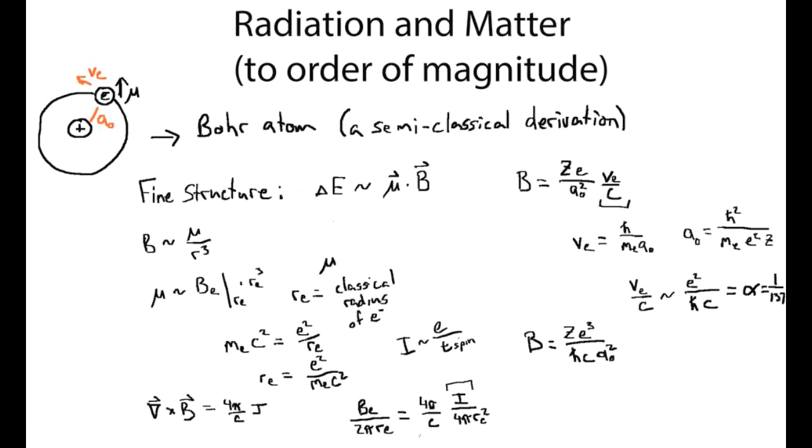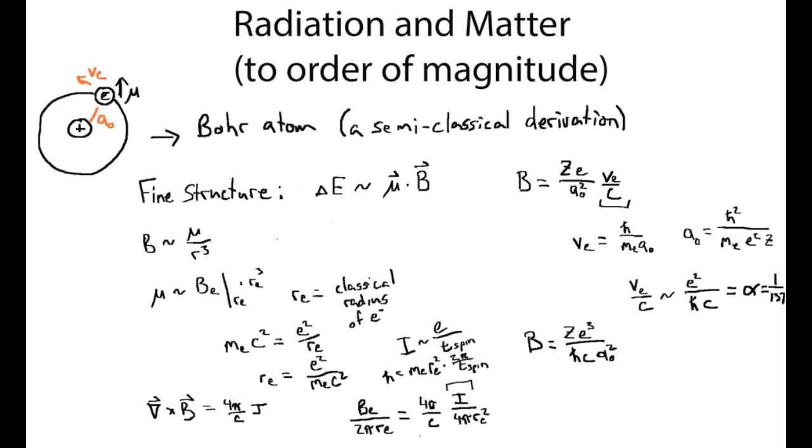And how do we estimate t_spin? Well, just like we quantized the angular momentum of this entire atom, we could quantize the angular momentum of an electron to say that h bar is equal to the mass of the electron times the radius of the electron squared times the angular frequency of the electron spinning, which is 2 pi over t_spin.